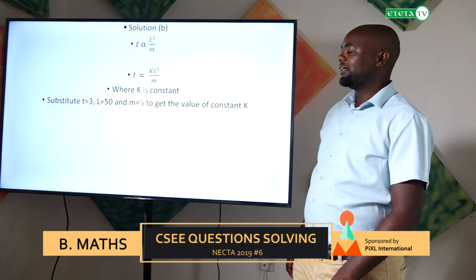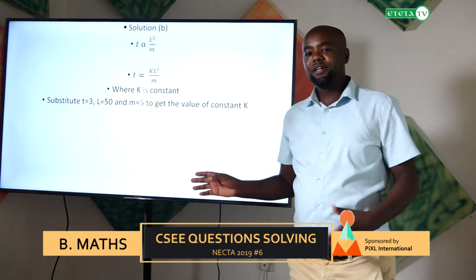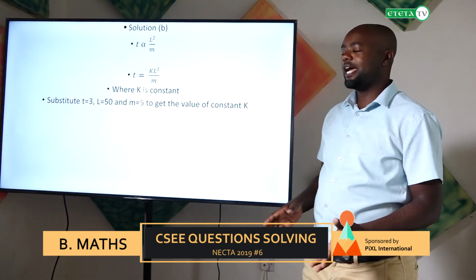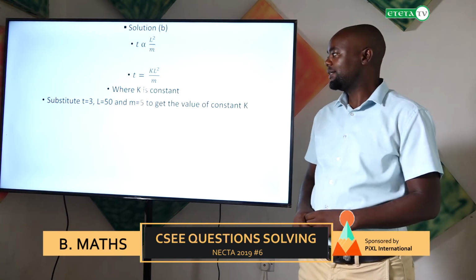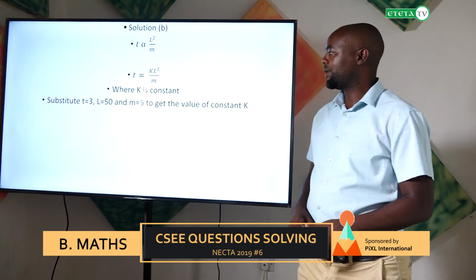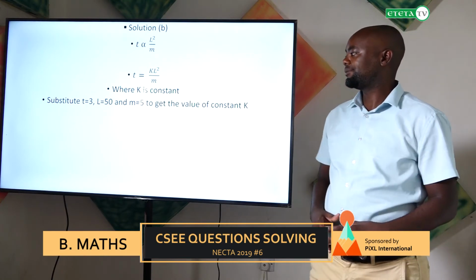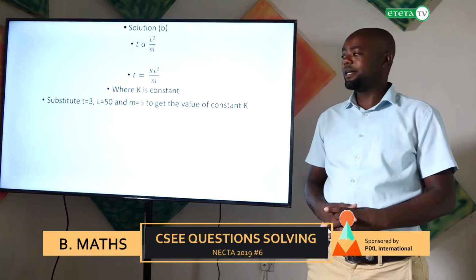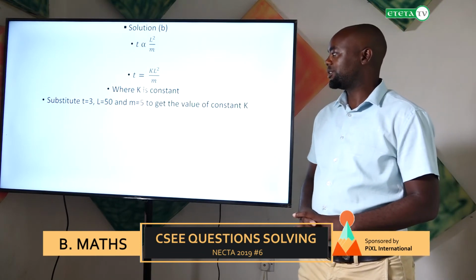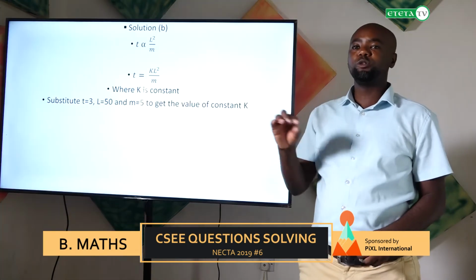Then you have the given variables with different values. We have time, T, which is 3 hours, L, which is 50 meters, and M, which is men, 5 men. And to get the value of K, the constant, you are going to substitute those variables.